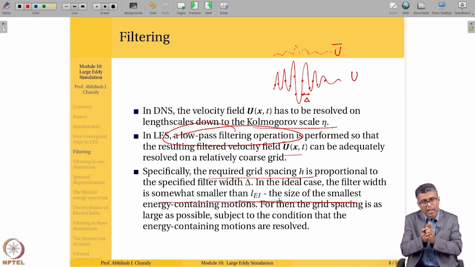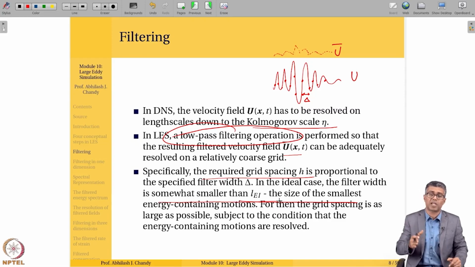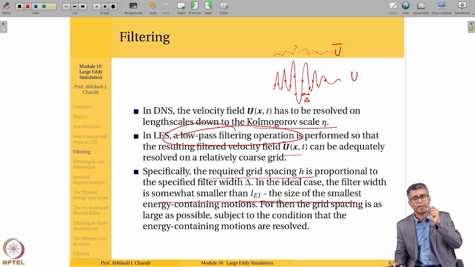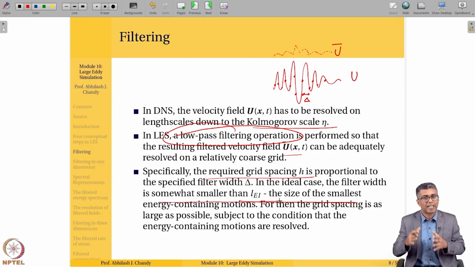But you want it to be slightly smaller, because this demarcation length scale, LEI, which is the smallest length scale associated with the energy containing motions, we are not talking about it being a hard set number, isn't it? In and around that value.